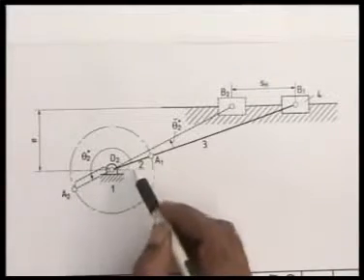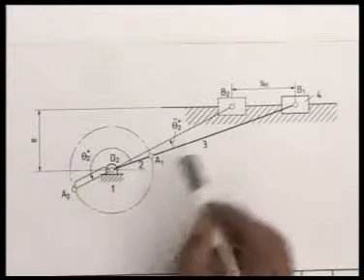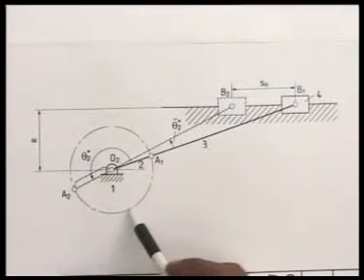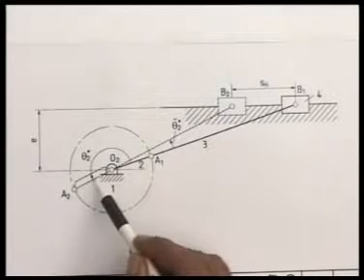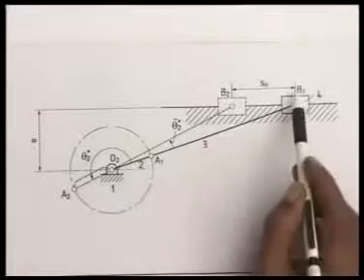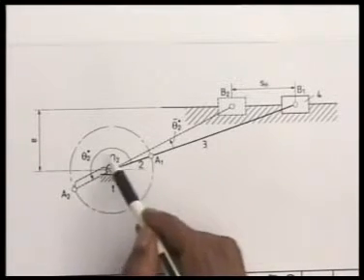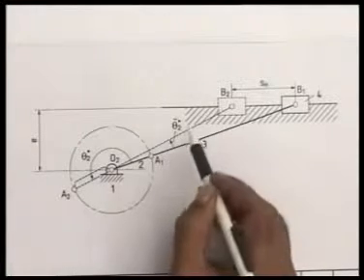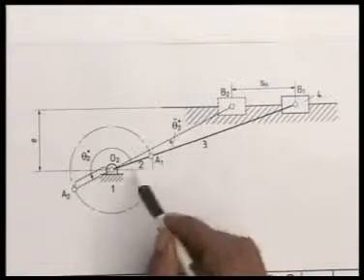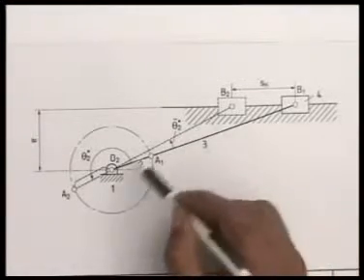As we see, from B2 to B1, the return movement of the slider, during this return movement the crank rotates from O2A2 to O2A1 through an angle which is less than pi. Through the movement from B1 to B2, the movement is through theta 2 star, which is more than pi, and this angle is the difference between theta 2 star and pi, that is the angle between O2B1 and O2B2.